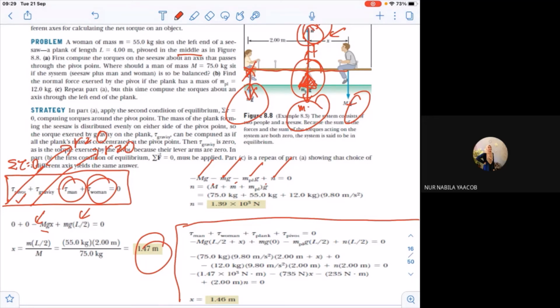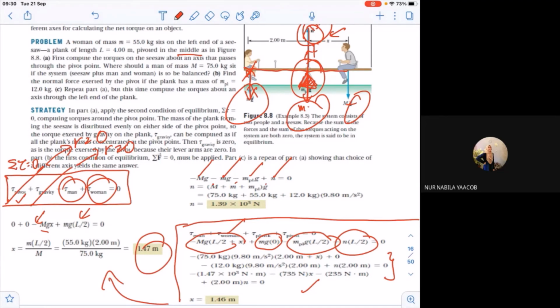You look carefully, the torque of the woman will be 0, because F times r, and r is zero. But for the others there is a value: the plank has a value, the normal force has a value. So the calculation is the same, just a bit longer compared to part A. The answer is also the same, roughly. 1.47, 1.46. The x is still 1.47 and 1.46.